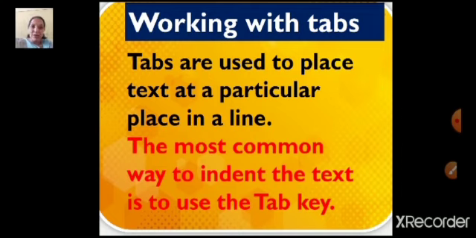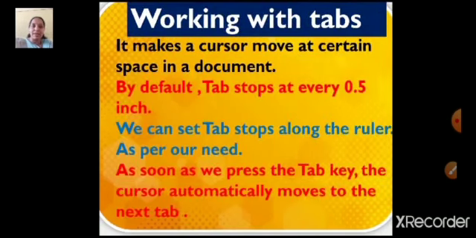So tabs are used to place text at a particular place in a line. The most common way to indent the text is to use the tab key. It makes a cursor move at certain spaces in a document. By default, tab stops at every 0.5 inch. We can set tab stops along the ruler as per our need.